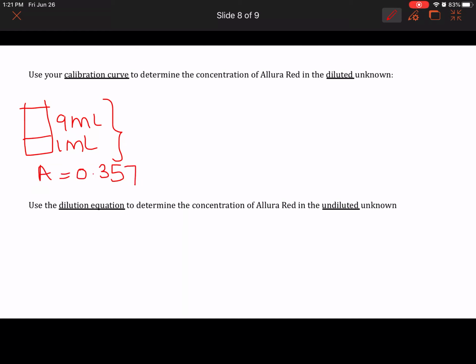And our equation, Y equals 24,900 X plus 0.0228. Now for the Y value, you add 0.357.